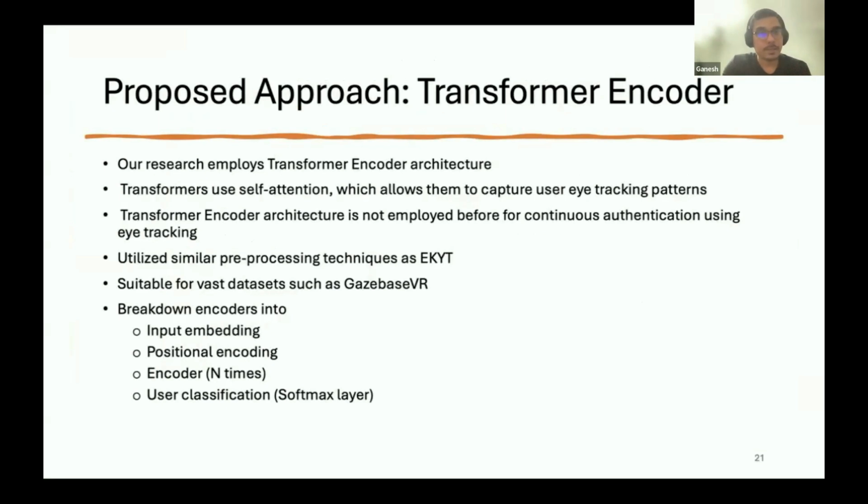It is inspired from the original Attention Is All You Need paper, and we only used the encoder because this is a classification problem and not a text generation problem. After the encoder is completed, we use a softmax layer to classify the user.